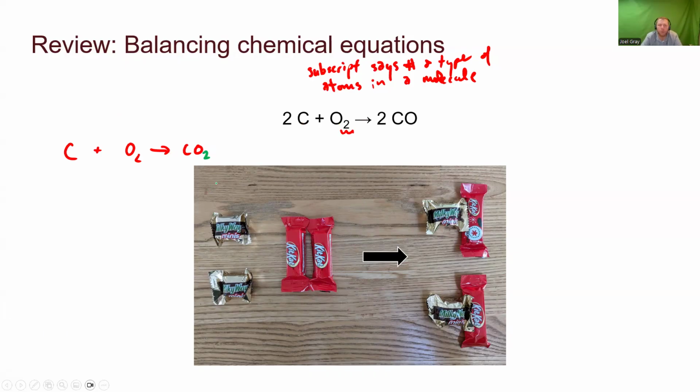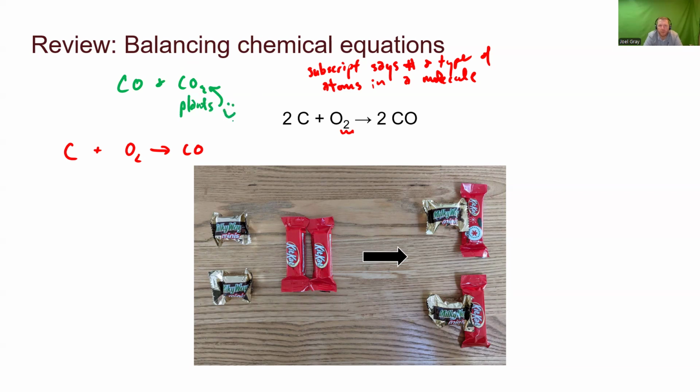Nope. The problem with that is CO and CO2 are different molecules. With CO2, we exhale carbon dioxide, and that's arguably a good thing because plants need this.